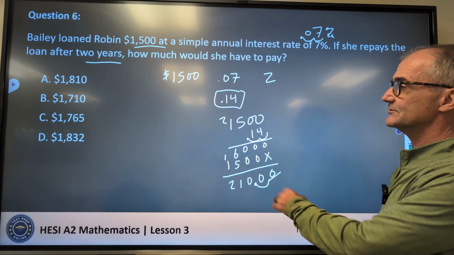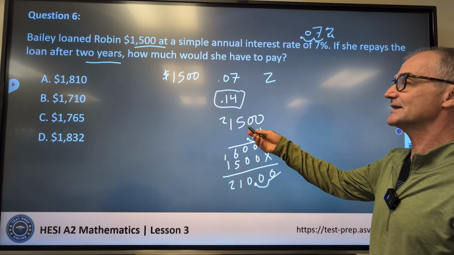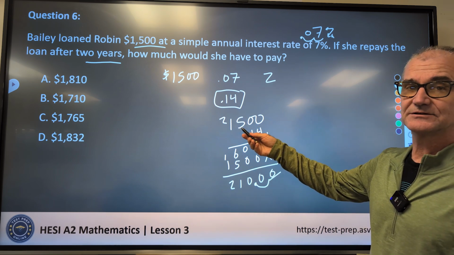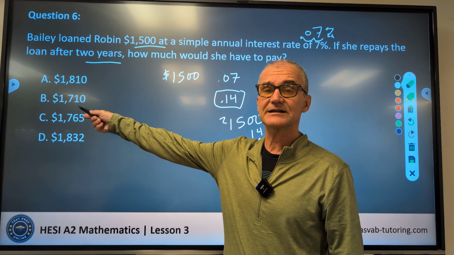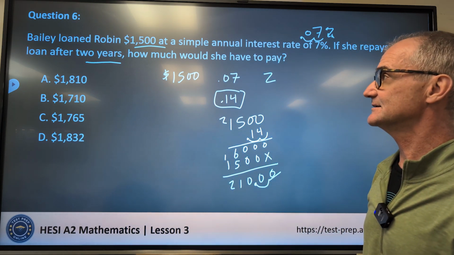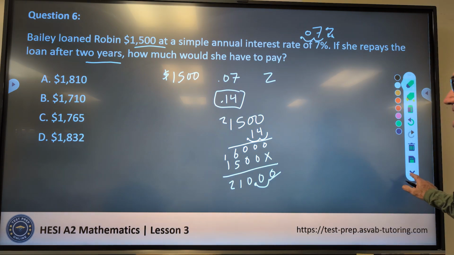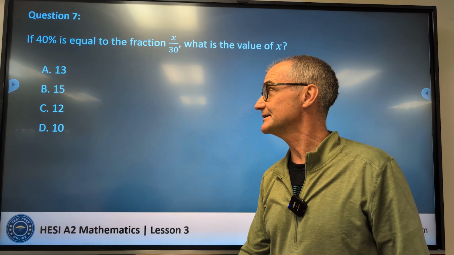So I pay $210 in interest on top of that 1,500. So the total amount I have to repay is the two added together, $1,710 right there. So correct answer, answer B.